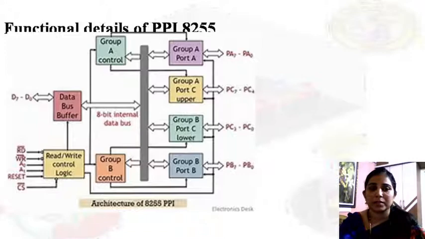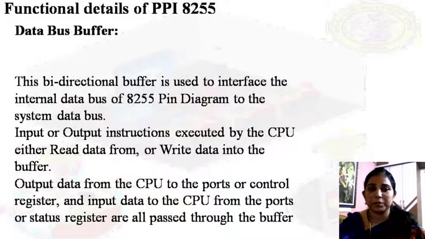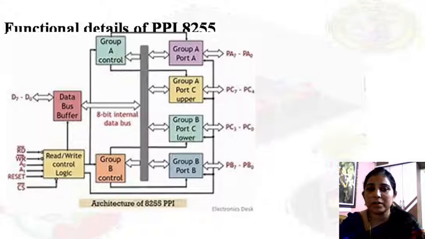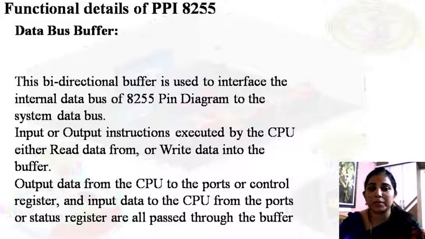About the data bus buffer. What is this data bus buffer? This is a bidirectional buffer used to interface the internal data bus of 8255 to the system data bus. In this diagram the data bus buffer connects the internal data bus to the system data bus.